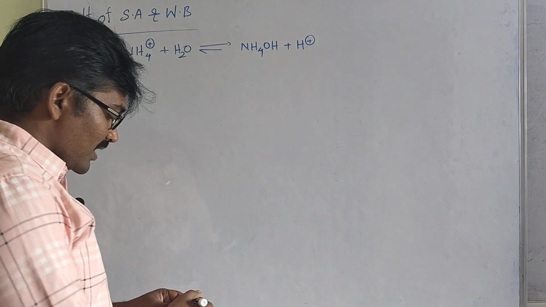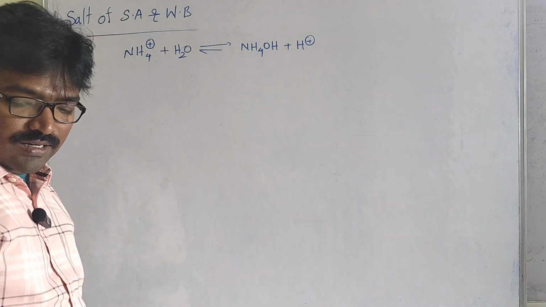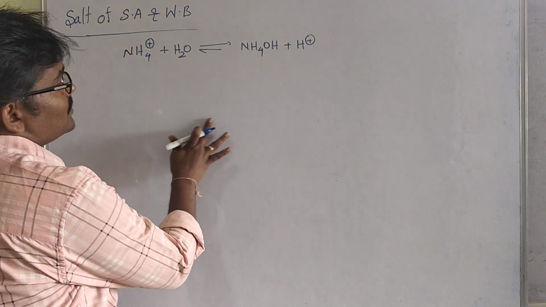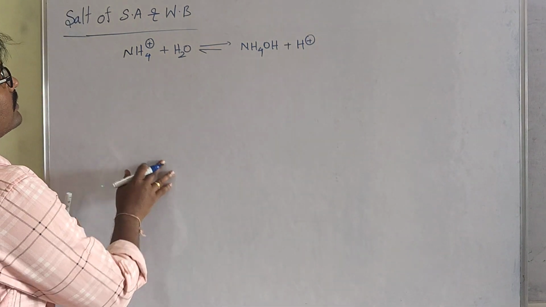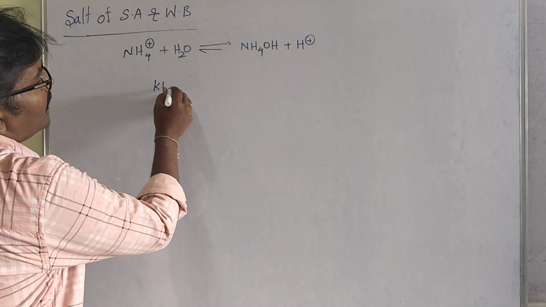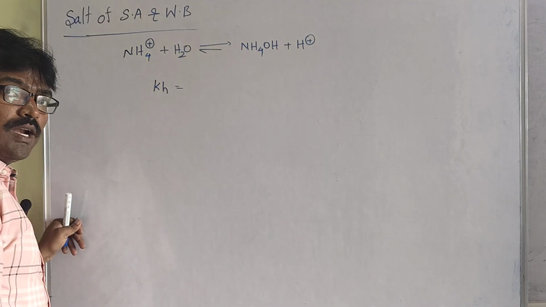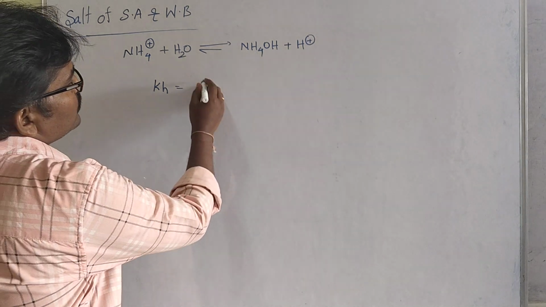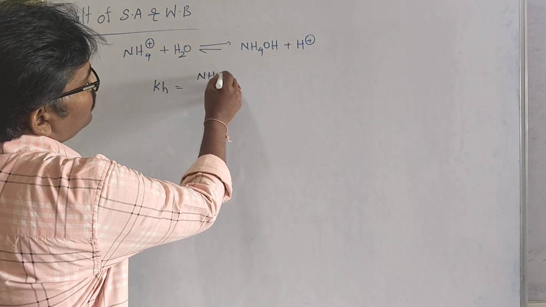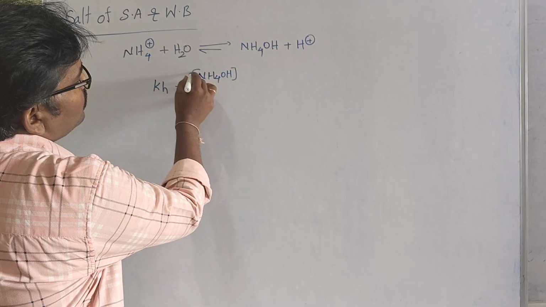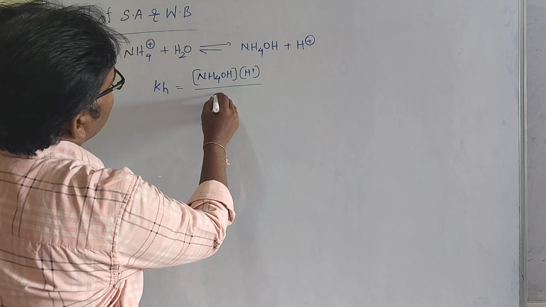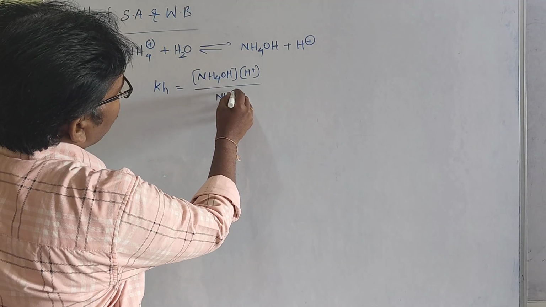When H plus ions increase, acidic character increases, pH value becomes less than 7. So for this, if you write KH, I told you, hydrolysis constant. KH equals NH4OH into H plus ions, divided by NH4 plus.